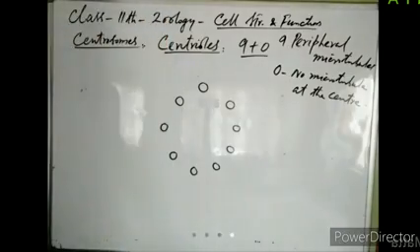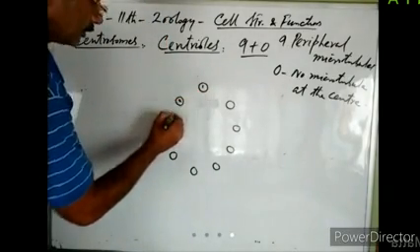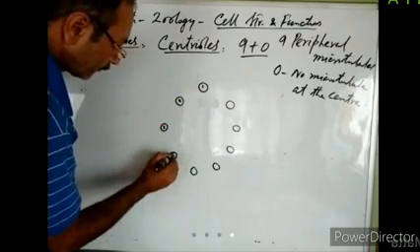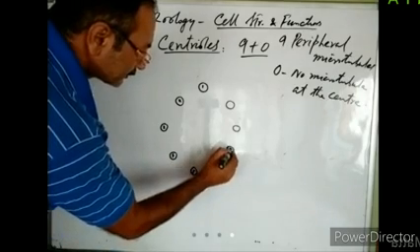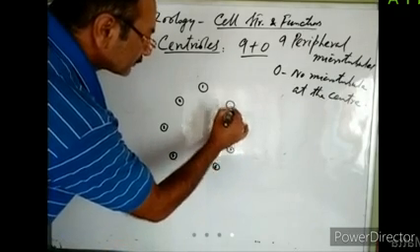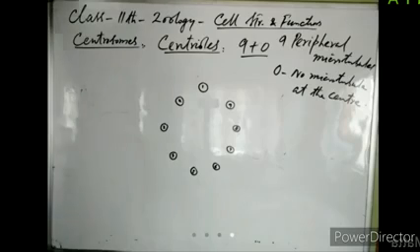There are 9 peripheral microtubules: 1, 2, 3, 4, 5, 6, 7, 8, and 9.